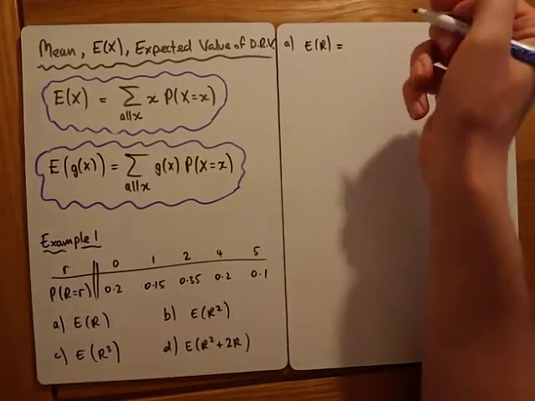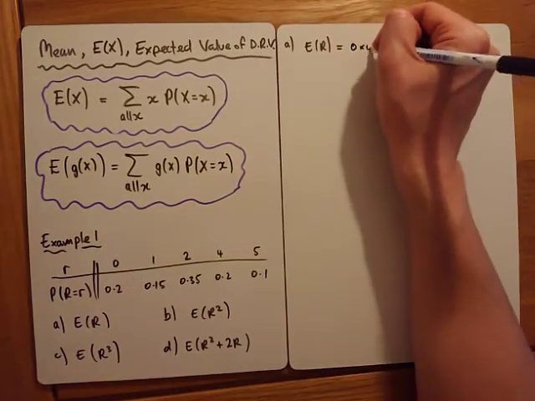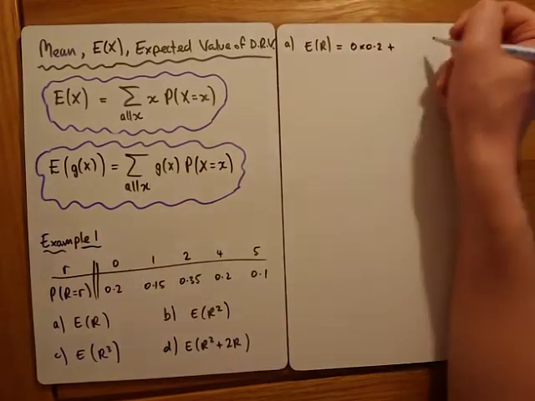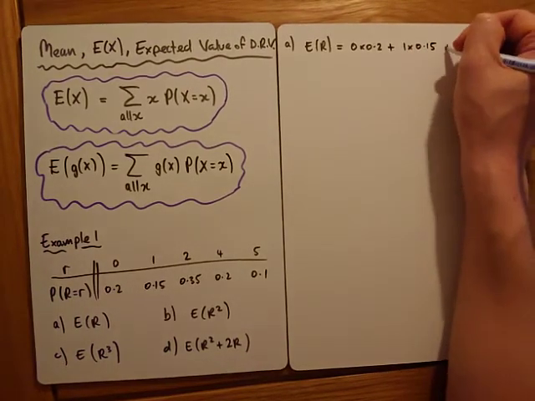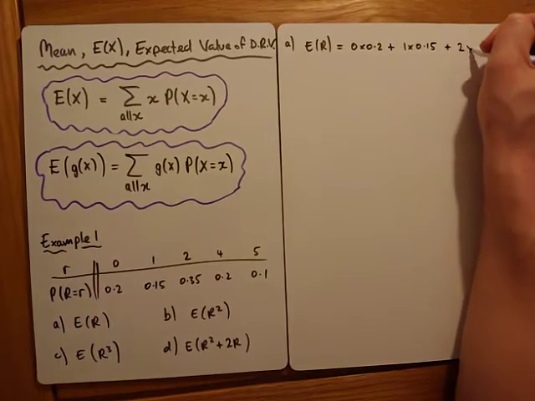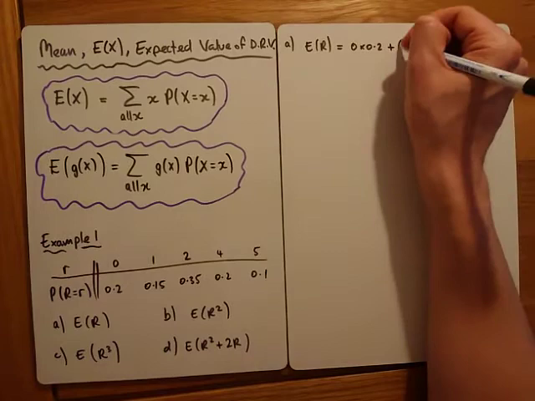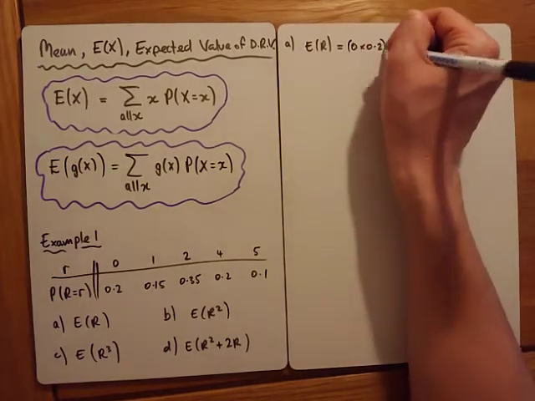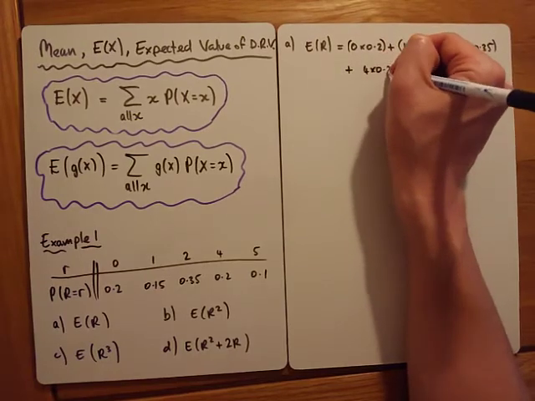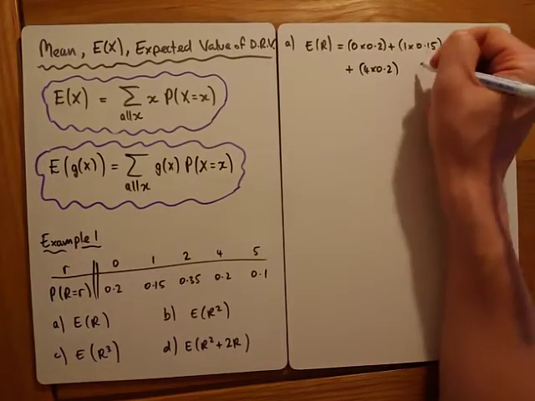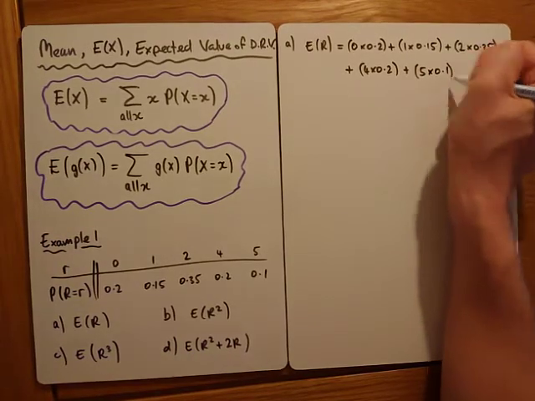So the expected value of r would be 0 times by 0.2 plus 1 times by 0.15 plus 2 times by 0.35 plus 4 times by 0.2 plus 5 times by 0.1.